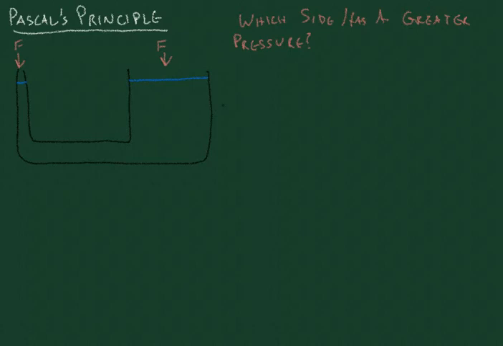Well, what Pascal's principle tells us is that the pressure in is equal to the pressure out. So in other words, if we have a pressure on one side, we're going to have the exact same pressure on the other side. So this is going to say that it's the same on both sides.